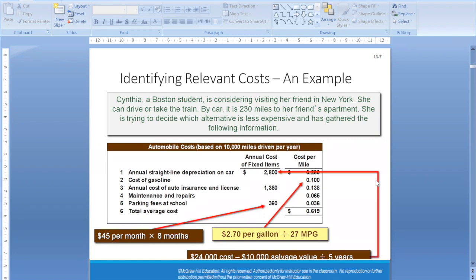So a student is thinking to travel between 2 cities. She can drive her car or take a train. By car, it will be 230 miles to her friend's apartment. If I'm using my car, I will drive 230 miles between the 2 cities. She is trying to decide which alternative is less expensive and has gathered the following information.